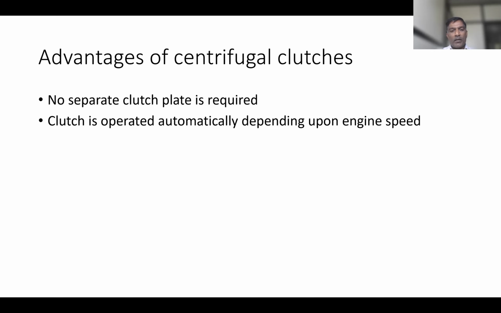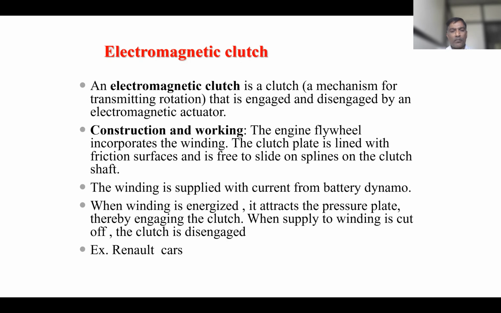Based on that, there will be engagement of the clutch with the flywheel, and torque is transmitted from the driving to the driven shaft, and that bike is moving. So there is no separate clutch lever, no separate clutch plate. The clutch is automatically operated depending upon the engine speed.